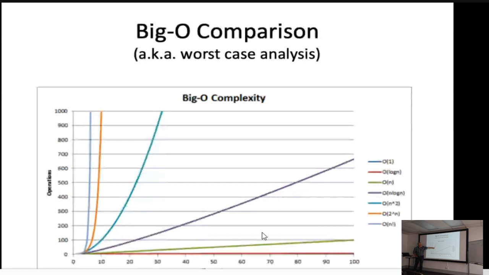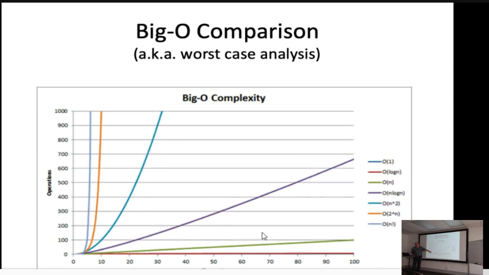Right. This one, whatever color that is, I want to say cyan, I don't know. Anyway, this bluish one, this is called an n-squared algorithm. So if I have 100 elements, I'm now doing 100 times 100, which is 10,000. It's squared, and it goes up very, very, very quickly.